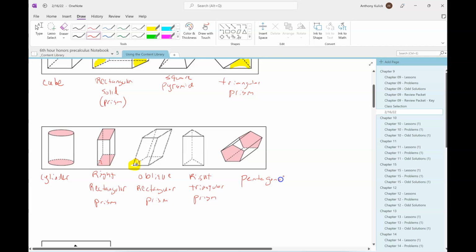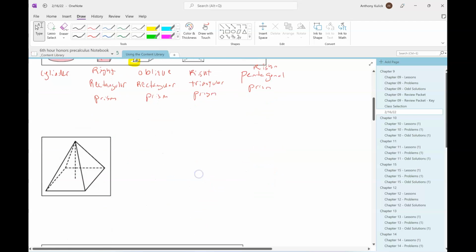Is it oblique? This one would also be right, though. Okay. Everybody feel okay on naming these things?